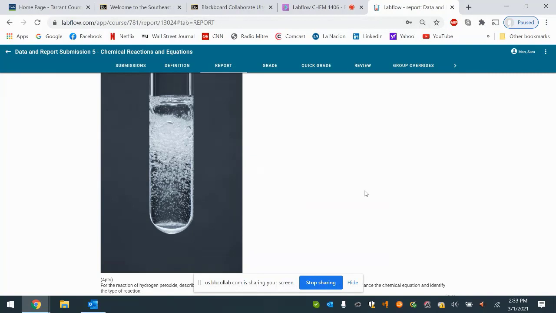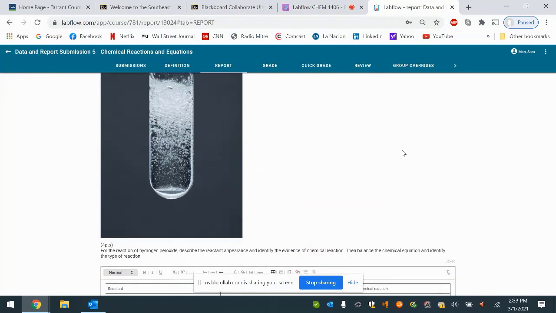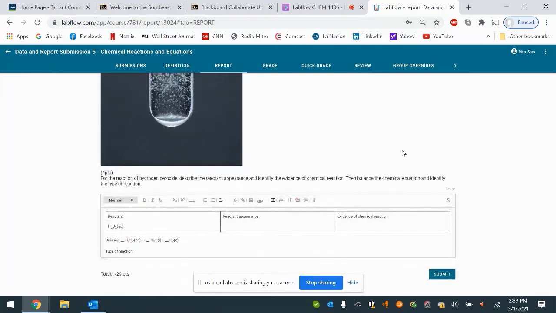What is the evidence of a chemical reaction in this one? Obviously, you see bubbles right there. And they also give you the chemical equation. So it is clear what you are going to write as evidence of a chemical reaction.